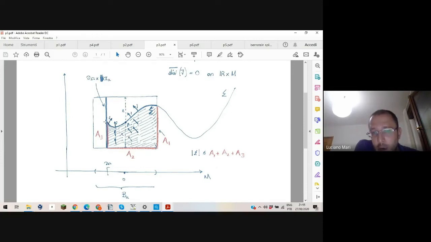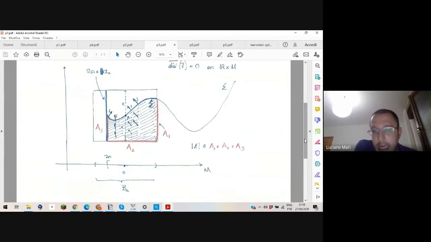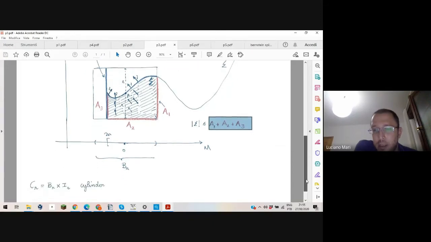And if U is constant on the boundary, this term here has negative flux. Or if it has positive flux, you take this shaded region, on the other hand, to get a term with negative flux. So you can get rid of this if U is constant on the boundary. In any case, you can estimate the area by these three areas, and none of them grows faster than a quadratic exponential.